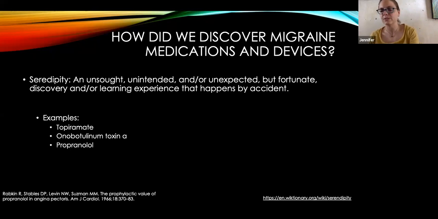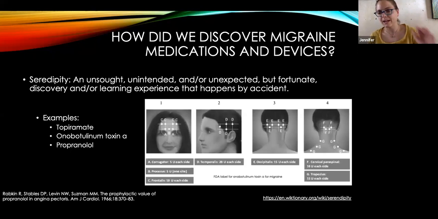And then there was a formal clinical trial conducted on that. So a few people getting their wrinkles smoothed out turned into this whole big fancy set of injections that we do around the head and neck for prevention of migraine.